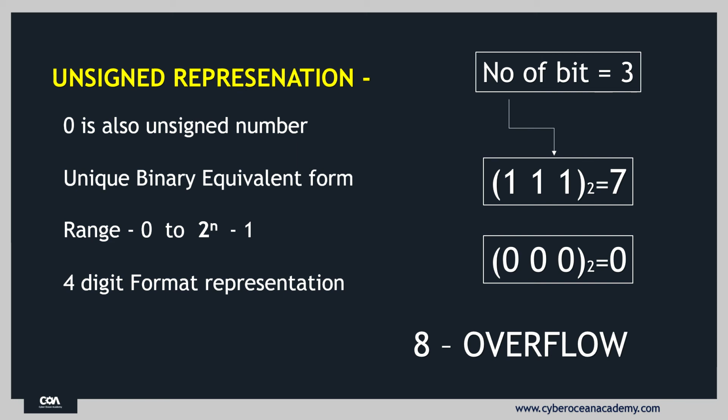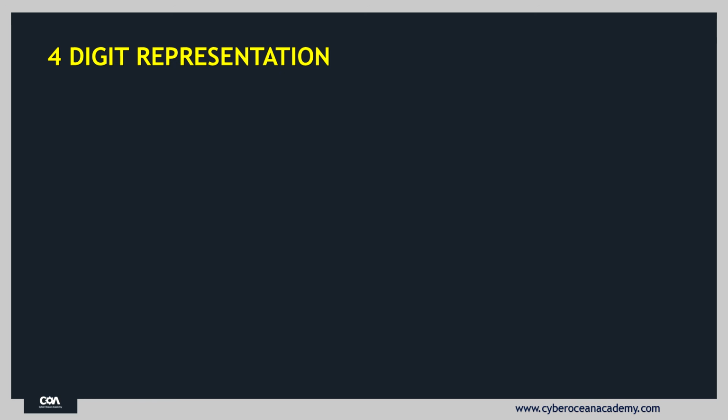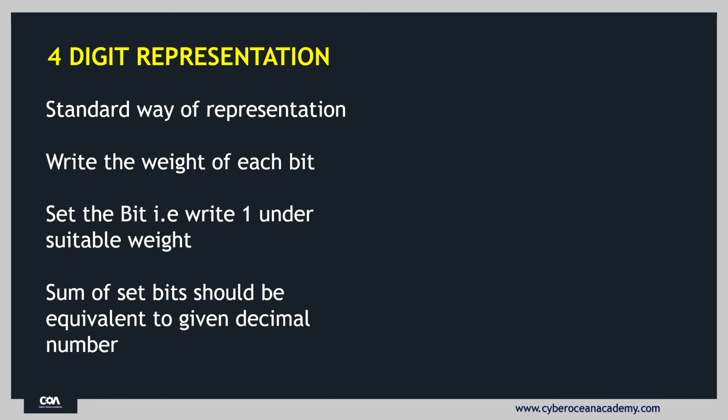Now there is a concept called 4 digit format representation. It is very important in digital electronics and computer organization and architecture. So let's be a little brief about this representation. This is a standard way of representation. Generally in digital electronics and computer organization and architecture, we represent a number from any binary form in this form. Here there is a concept of code, and there are different types of codes, such as weighted code.